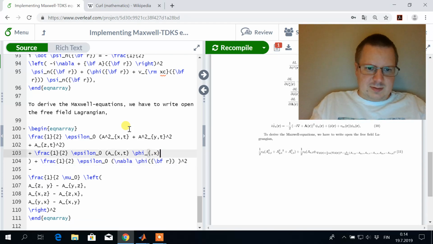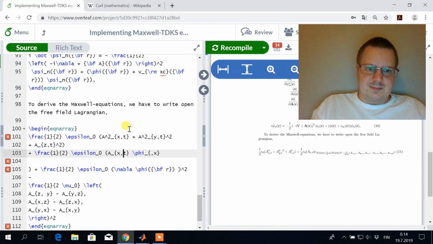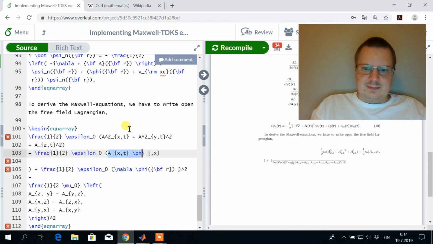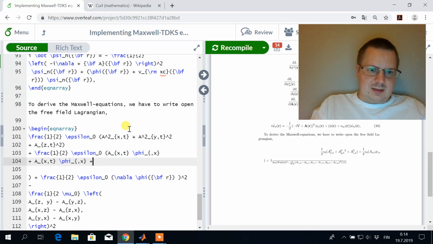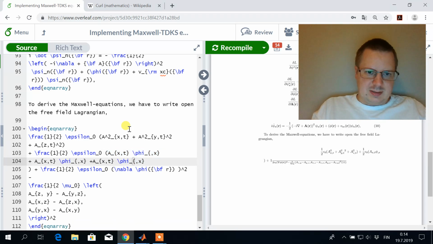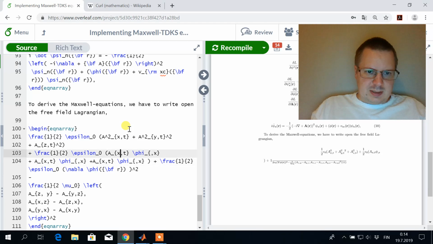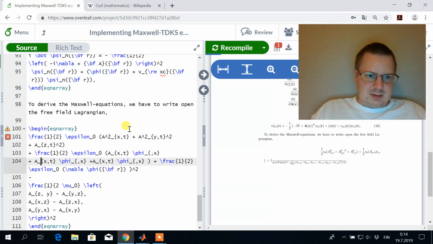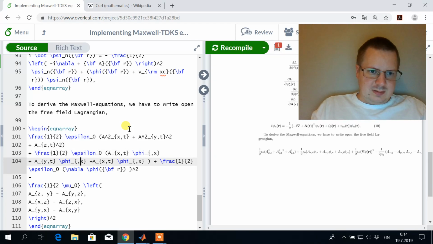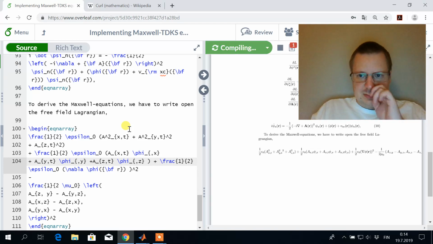Yeah, I think this will be beneficial in the end, because the Euler-Lagrange equations are going to be relatively long, maybe in this case. So ax to t phi x, ay to t phi y, az to t phi z.